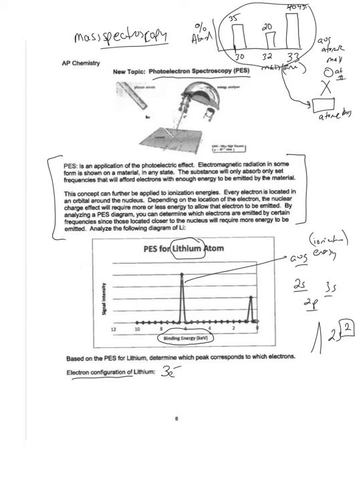Lithium has got 3 electrons when it is an atom. Not an ion, but an atom. And if I do the electron configuration of lithium, it's 1s2, 2s1. Okay? The height of the peak, called signal intensity. Now, while it's signal intensity, this really implies or means the number of electrons that are in that orbital.